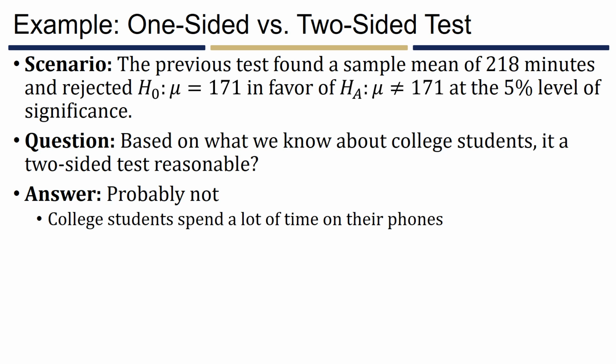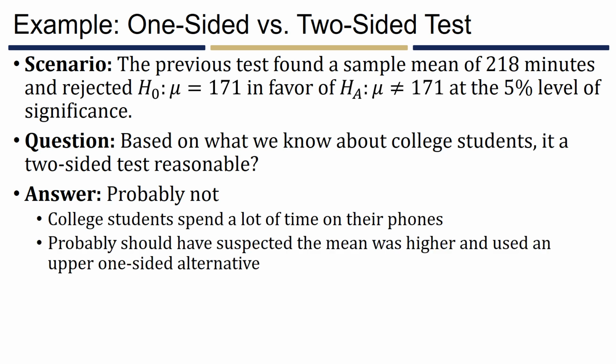So before we even set up these hypotheses, we probably should have suspected that the mean was going to be higher than 171, and we probably should have used an upper one-sided alternative. We probably weren't going to find a sample mean less than 171. So even if the sample mean didn't end up being too far away from our hypothesized value, chances are it was still going to be greater than 171.